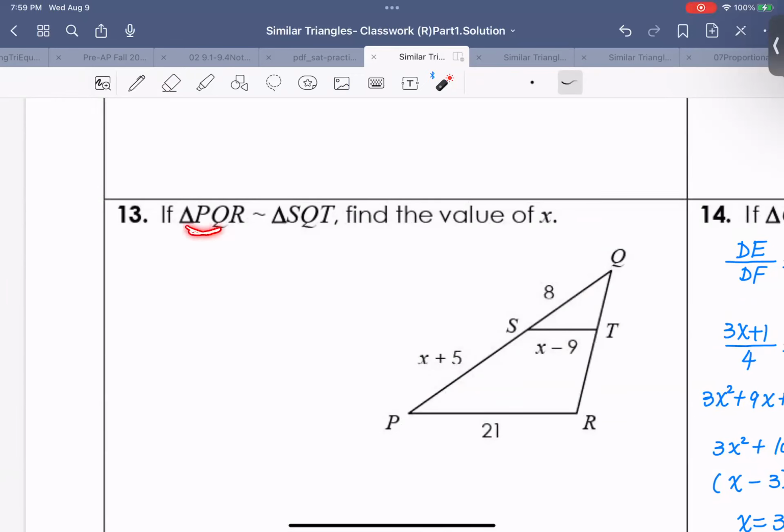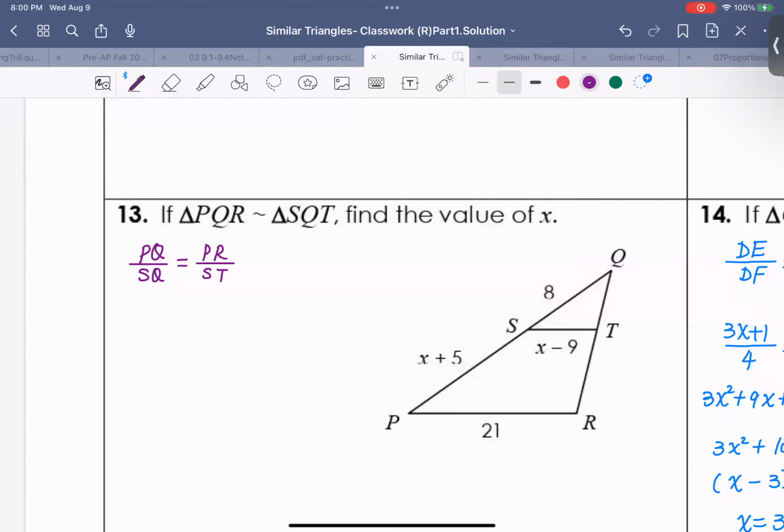This is PQ, so here is PQ. So we do PQ, SQ. Now we do the letters first. So PQ over SQ equals PR over ST. Good, because you see here, first 2 letters, and then first and 3. And let's plug in.